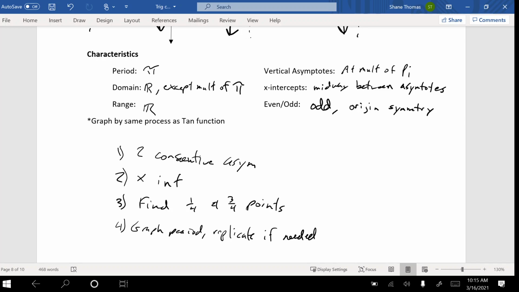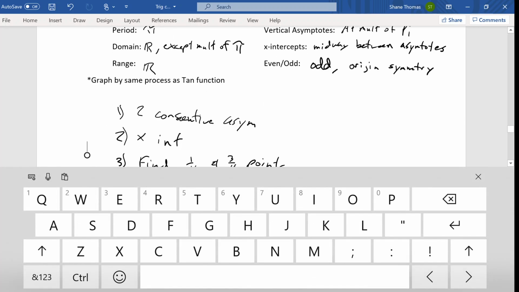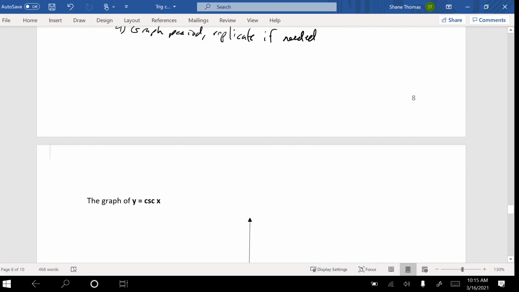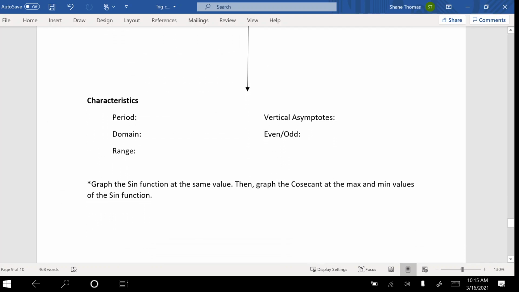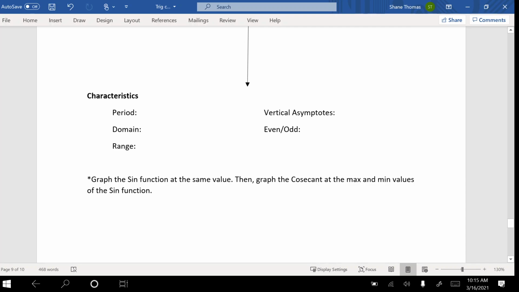Okay, so cosecant. Remember, cosecant is paired with what? Sine or cosine? It's paired with sine. It's the inverse of sine. So to graph your cosecant, you actually have to graph your sine first. So if I was going to graph this cosecant function, I would graph the sine function at the same value, and then graph the cosecant at the max and min values of the sine function.